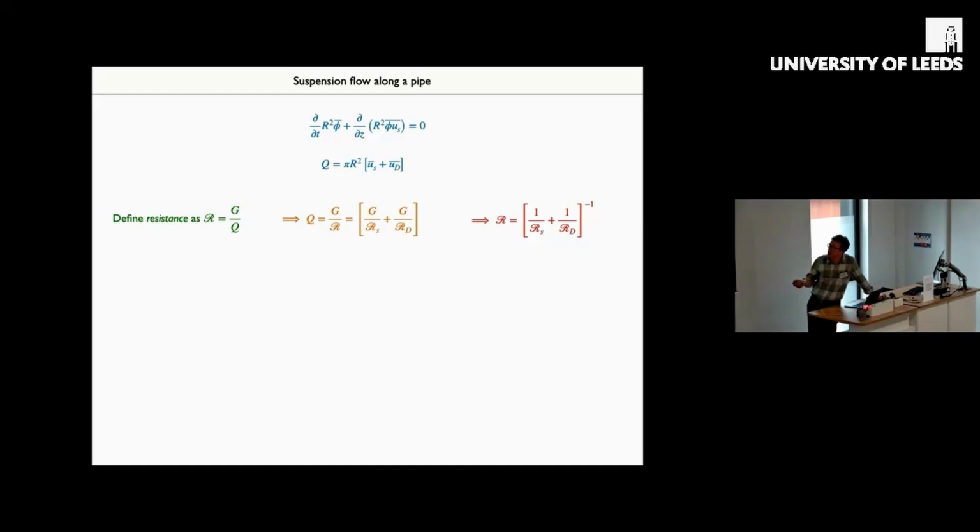You can define, in engineering terms, an overall resistance for this problem: the ratio of the pressure gradient you're applying to the flux that you get out the other end. You find from this second expression that you can relate the total resistance of the problem to the effective resistance of the suspension and the effective resistance of the Darcy phase, averaged in this manner.